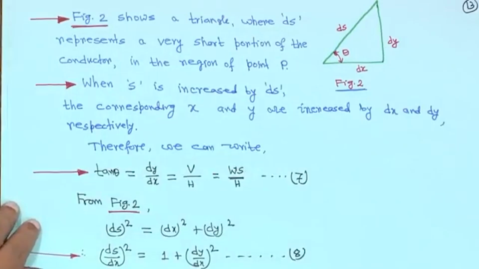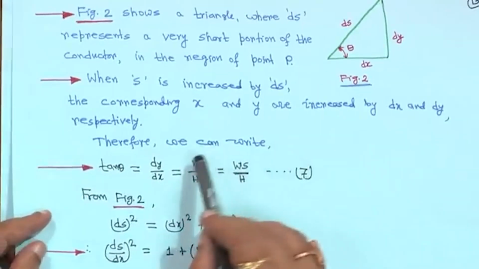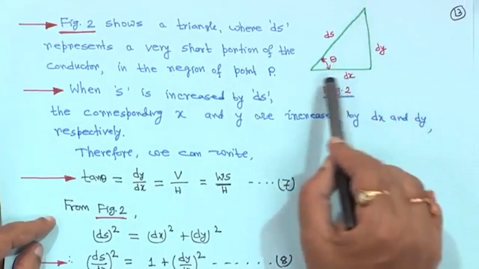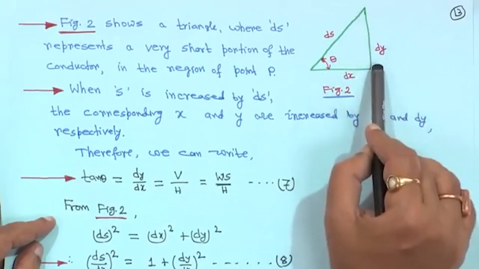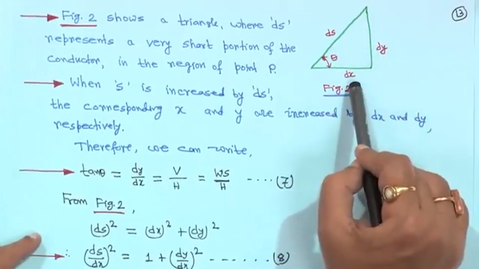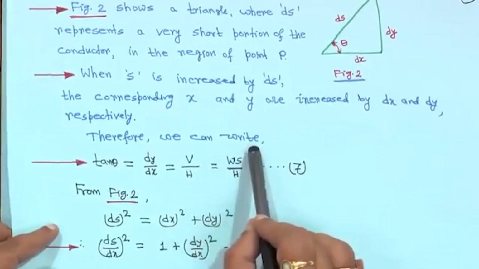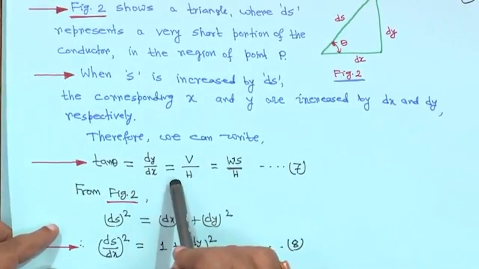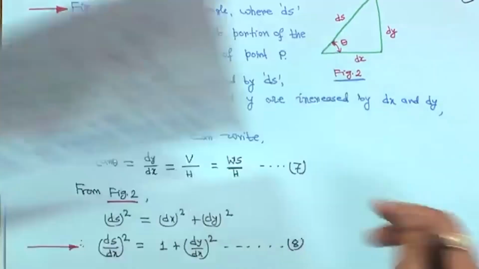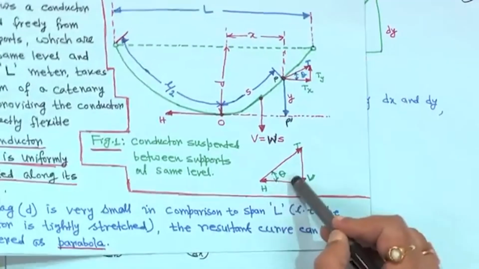That means, if this is ds along the conductor, the horizontal one is dx and the vertical one is dy, and this angle is theta. That means tan theta is equal to dy by dx. Therefore, tan theta is equal to dy by dx, which is equal to V by H. This theta and this theta are the same.